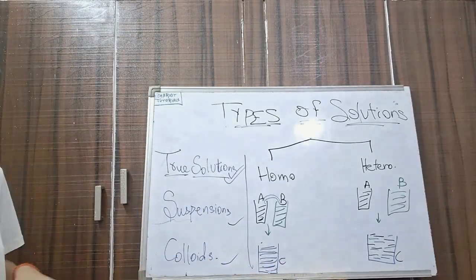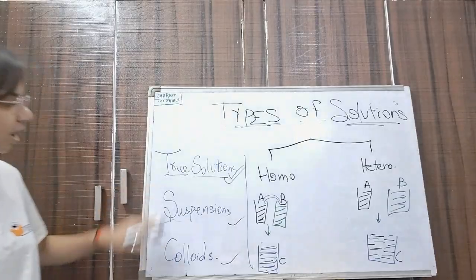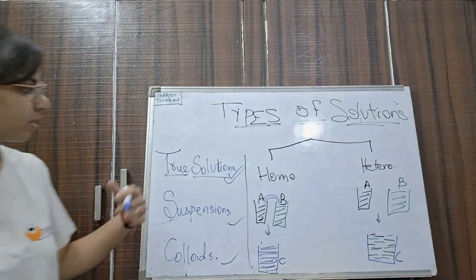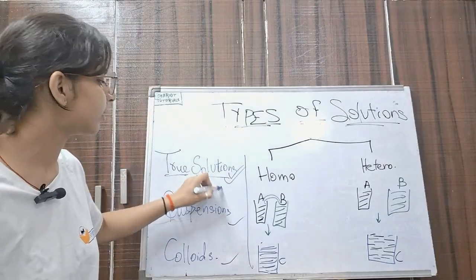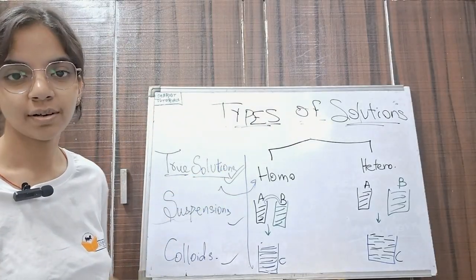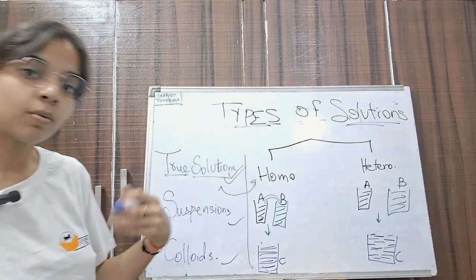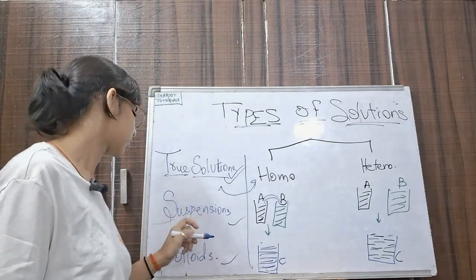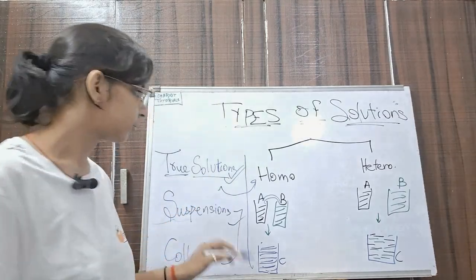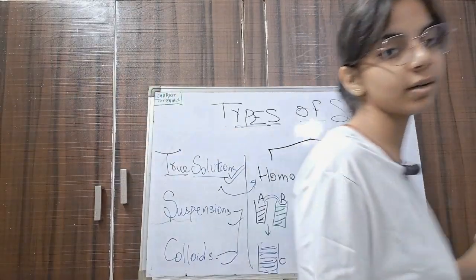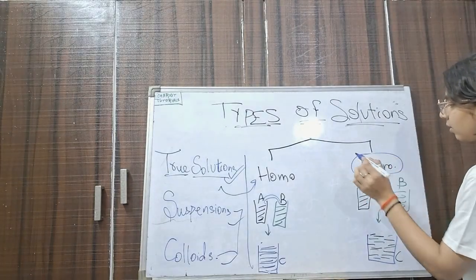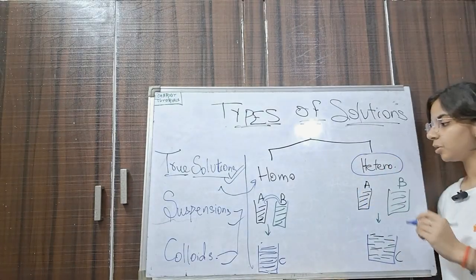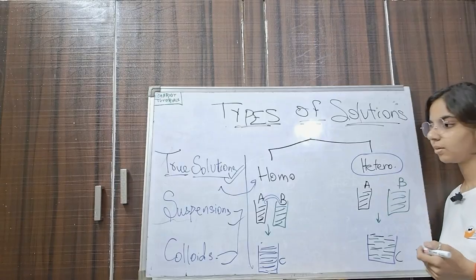So now, let us put our main three types of solution in these categories. True solution goes in the category of homogeneous solution. True solutions are the only category of homogeneous solution. But these two, that is our colloids and suspension, belong to heterogeneous solution.